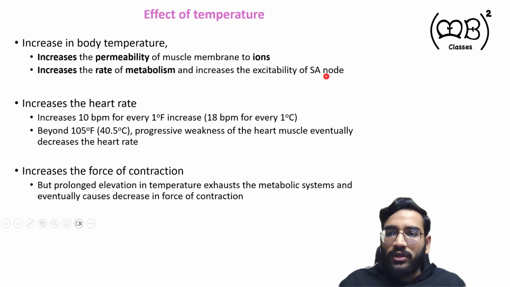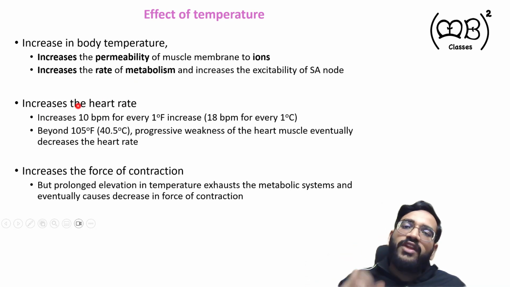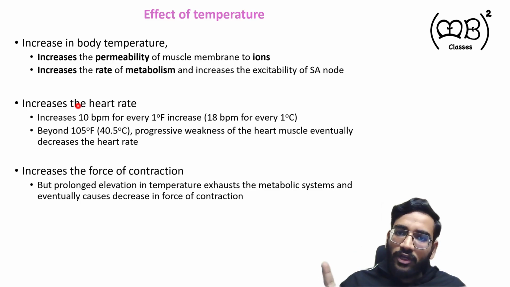This will increase the heart rate and also the force of contraction. The heart rate will increase 10 beats per minute for every 1 degree rise in Fahrenheit from the normal body temperature, or 18 beats per minute for every 1 degree rise in Celsius.